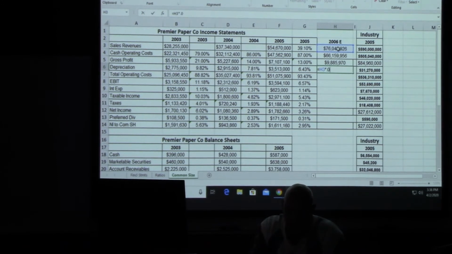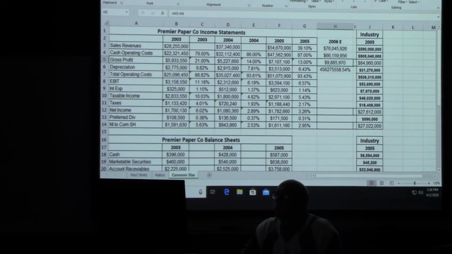Let's take it down to 6% of sales. Depreciation is 6% of sales.